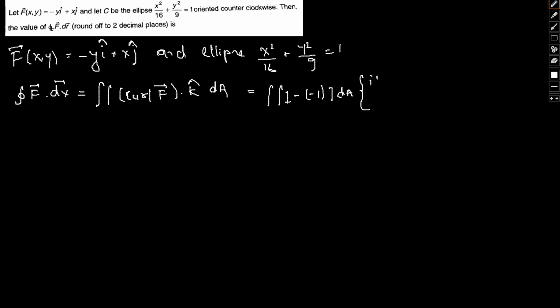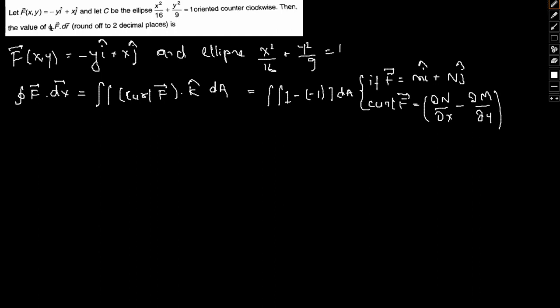So if F vector equals M i plus N j cap, and curl F equals dN by dx minus dM by dy, k vector. Okay, so I hope up to this much is clear.